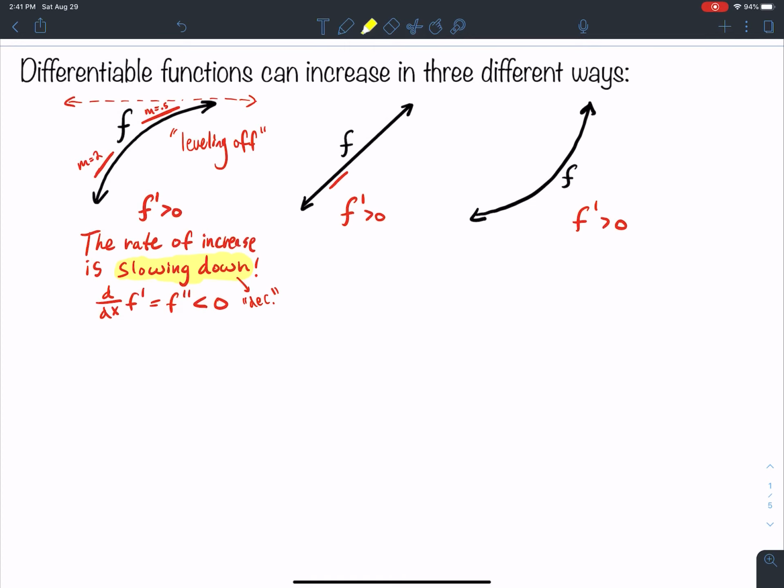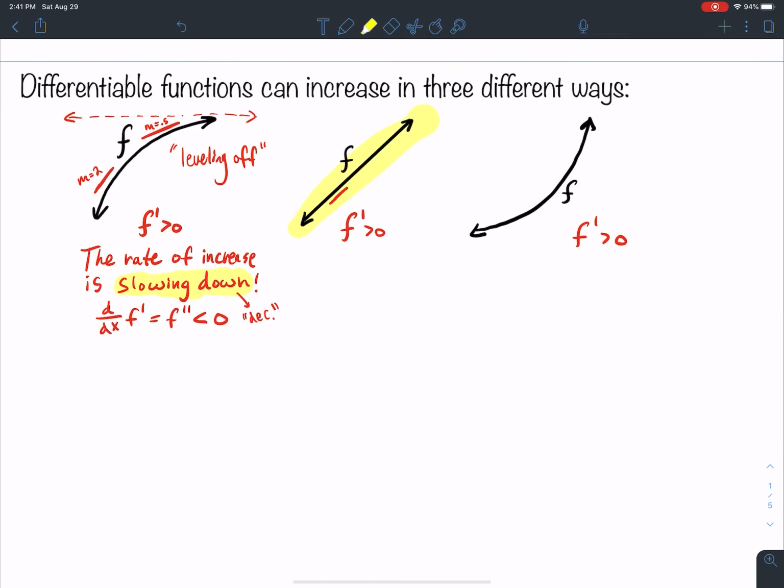Okay? Now this next one here is a straight line. The thing about a straight line is no matter where we pick an x value, my slope is always the same. So the slope is the same. It's m equal to 2 here. It's m equal to 2 here. No matter what x value you have, it's always the same.